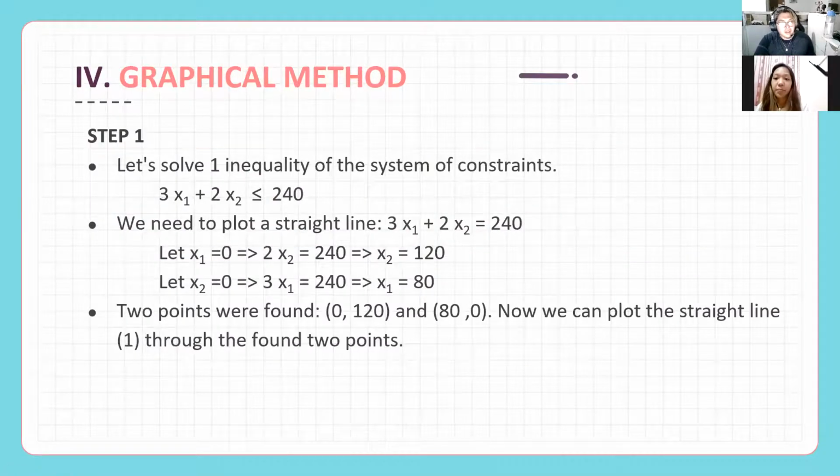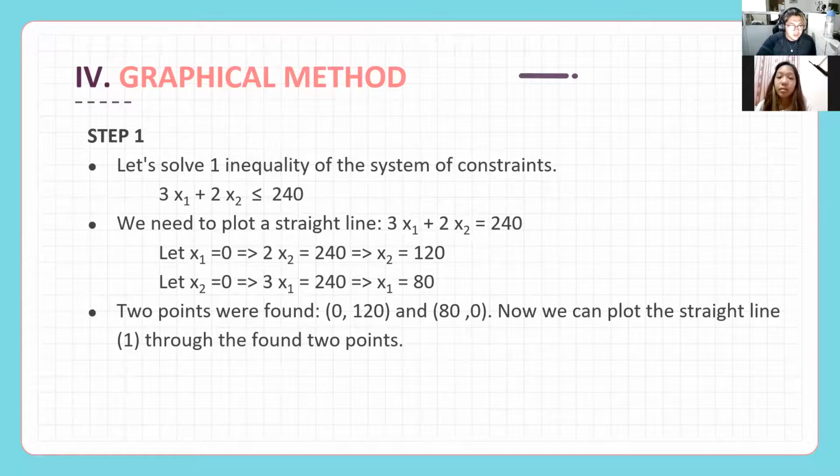So the graphical method. Step 1. Let's solve one inequality of the system of constraints: 3x sub 1 plus 2x sub 2 is less than or equal to 240. We need to plot a straight line, which is 3x sub 1 plus 2x sub 2 equals 240. Let x sub 1 equal 0, then x sub 2 equals 240 over 2, so x sub 2 equals 120.